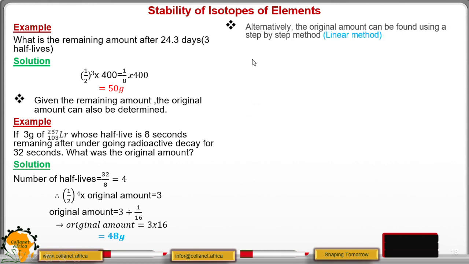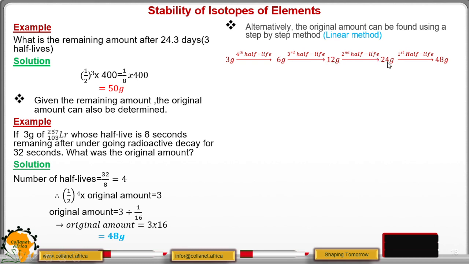From there, we can have another method that we call the linear method. We can use it step by step as follows. You had 3 grams, and we are moving back 4 half-lives. So at the 4th half-life, you multiply by 2, that is, you get 6. Then the third, you move times 2, you get 12.